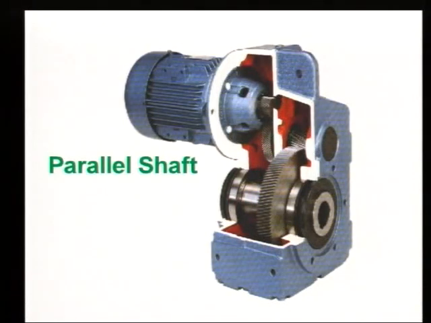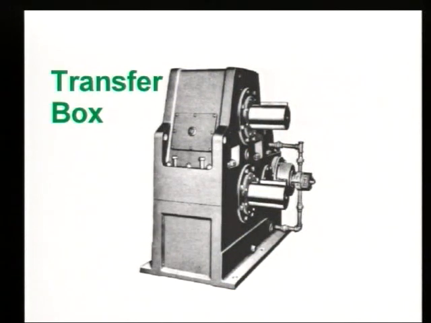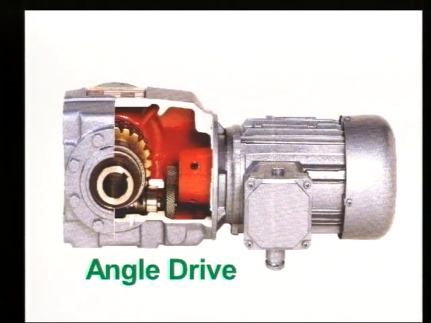A parallel shaft reducer is made in such a way that the input, intermediate, and output shafts all lie parallel to each other. In many examples, the input shaft may even be on the same side of the unit as the output. Such a configuration is also known as a transfer box. Angle drive reducers generally imply a 90-degree change of rotational direction between the input and output shafts.